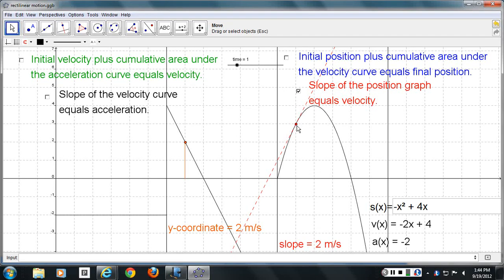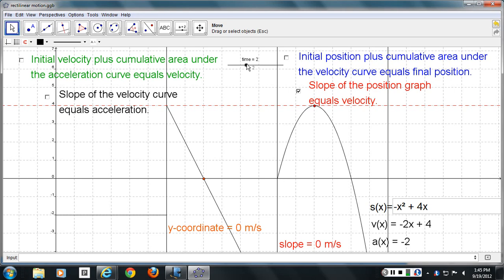So the particle starts at 0, and then 1 second goes by, and it's reached a point 3 units above that. And then another second goes by, and it's only gone up 1 more unit, so now it's at a point 4 units above the 0 point. And then the clock keeps ticking, but what's happening is the particle has basically slowed to a stop, and now it's going to come back.